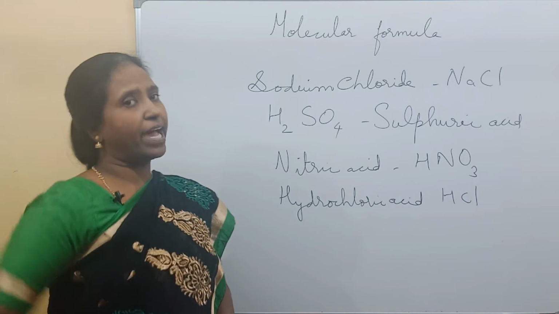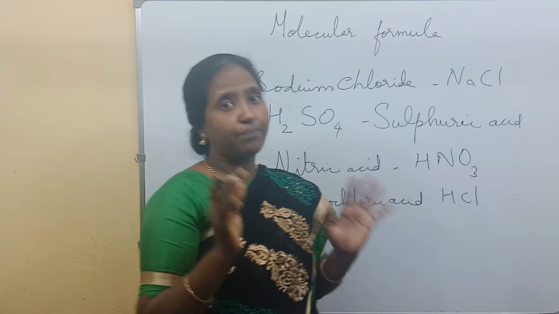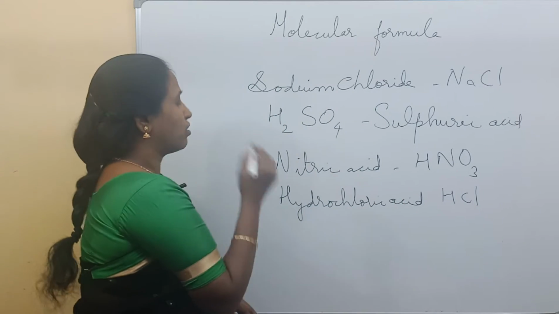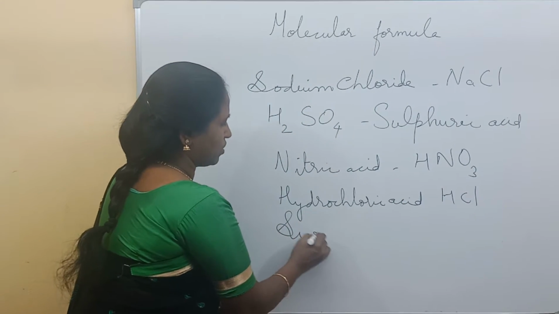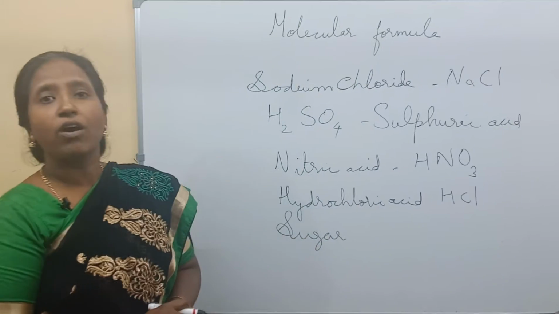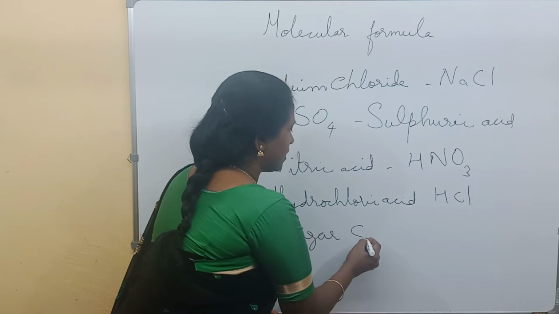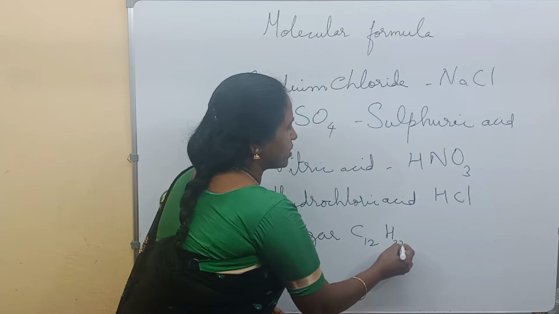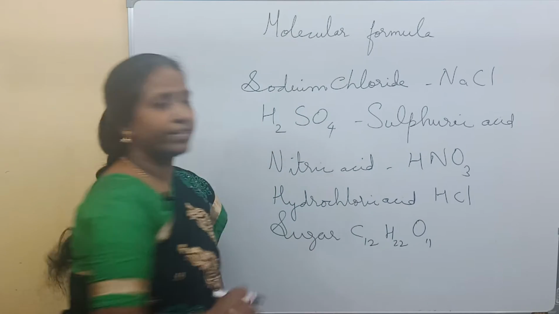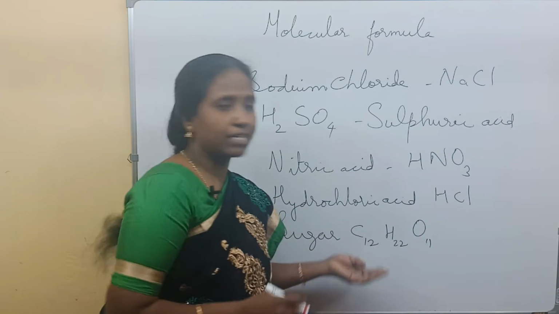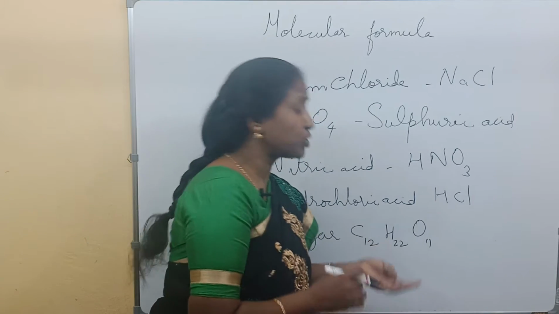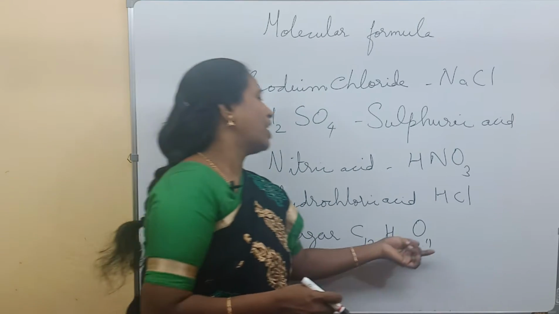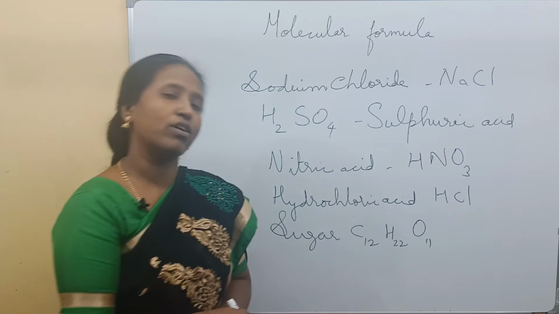Apart from that, we have other substances that we use. You can take sugar. The molecular formula of sugar is C12H22O11. That is 12 atoms of carbon, 22 atoms of hydrogen and 11 atoms of oxygen.